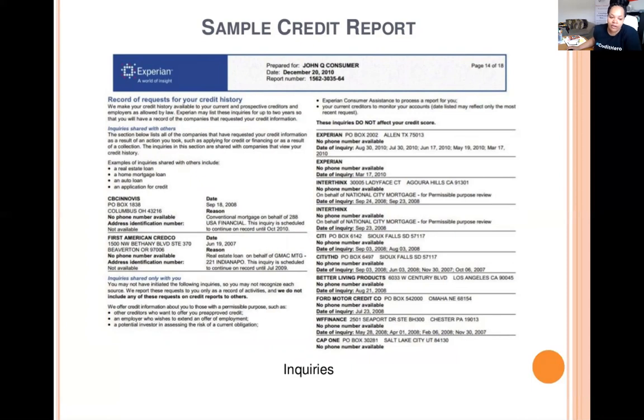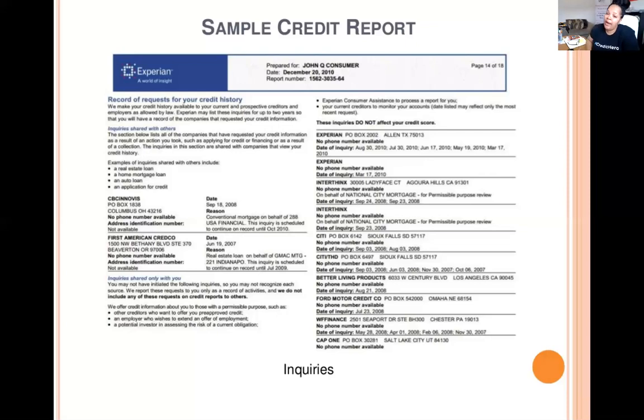Only hard inquiries are shown to lenders. A soft inquiry will still show up on your credit report, but the lender is not going to see that. Anytime you apply for extension of credit, the first question to ask is, is this going to be a hard inquiry or a soft inquiry on my credit report?